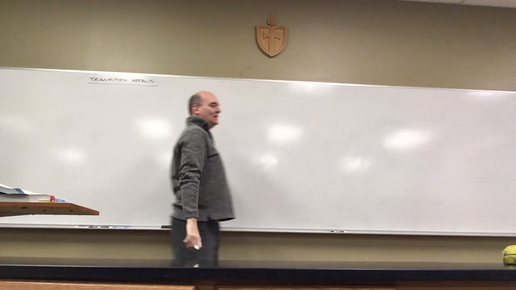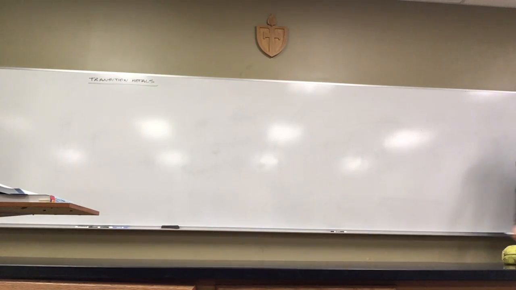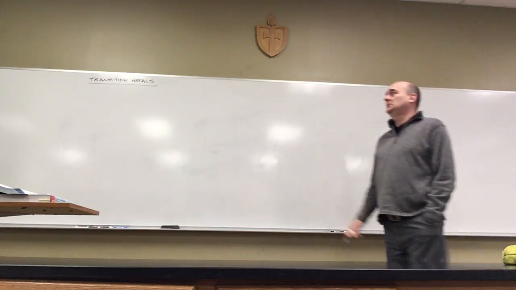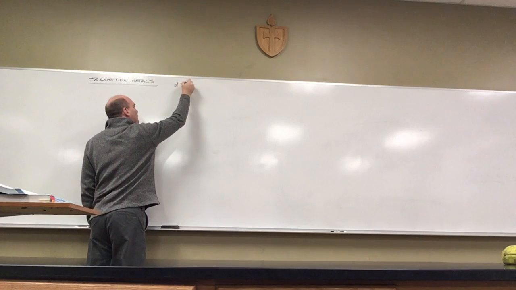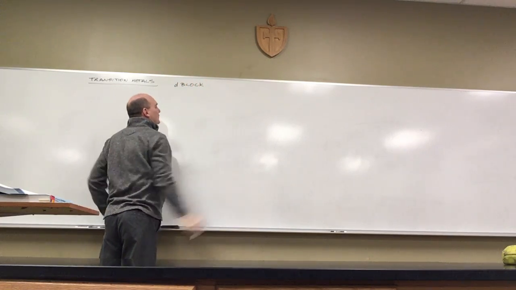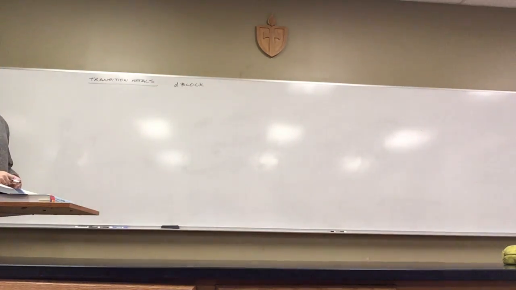So the transition metals is synonymous with the D block. That's not completely true. Remember when we looked at group 1 and we said group 1 are called alkali metals and group 2 are called the alkaline earth metals? Well, that wasn't true either.